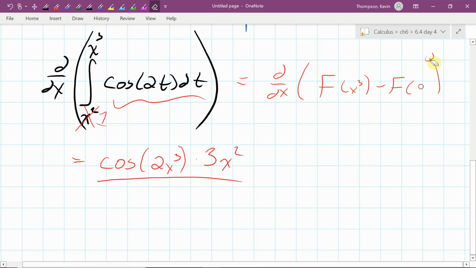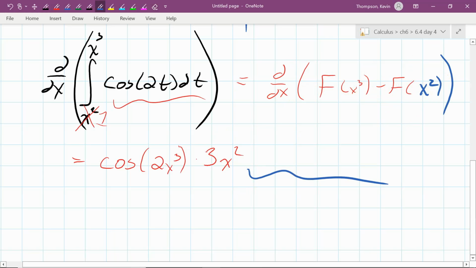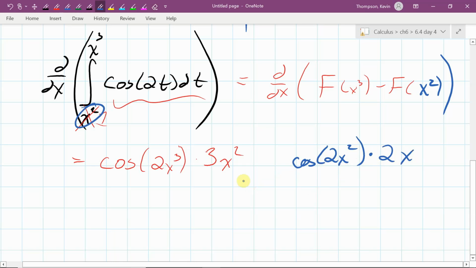If I go back to this work and change this to x squared, that piece just isn't 0 anymore. So what could I write here to finish the problem if this is an x squared? Cosine 2x squared times, and how do I connect these together?